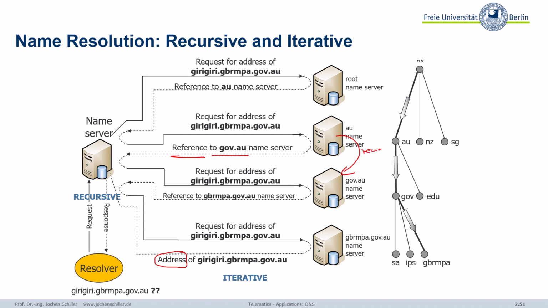That would be then recursive, because you asked the next one on behalf of your first request. This could have also, well, operated recursively or iteratively, so different combinations are possible.